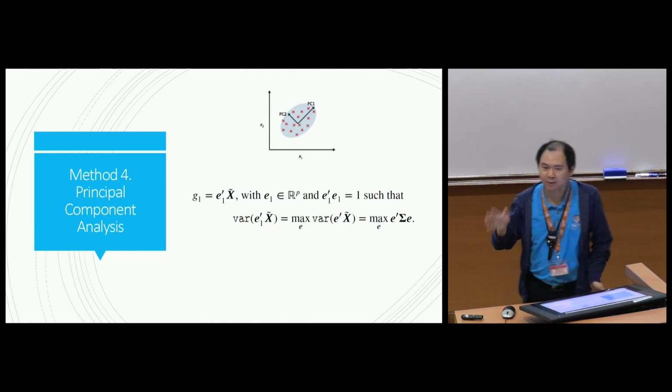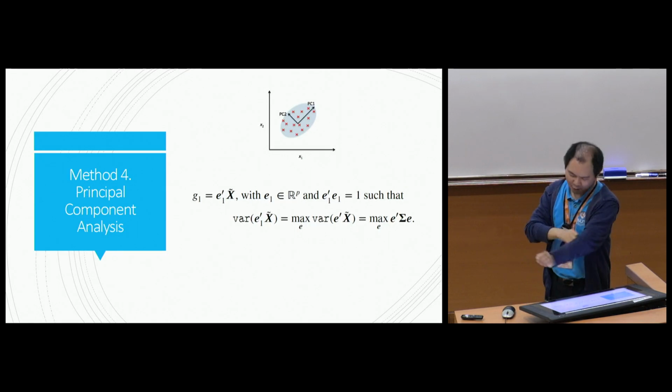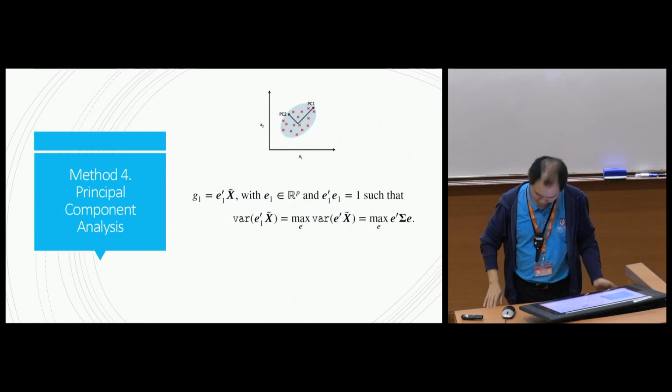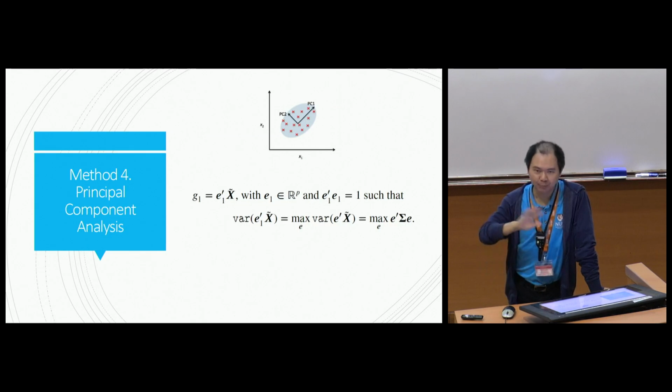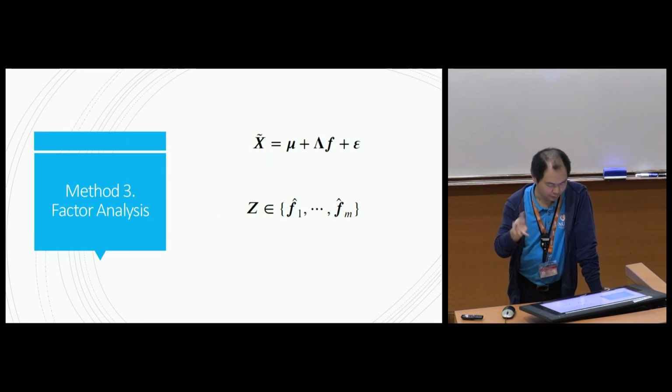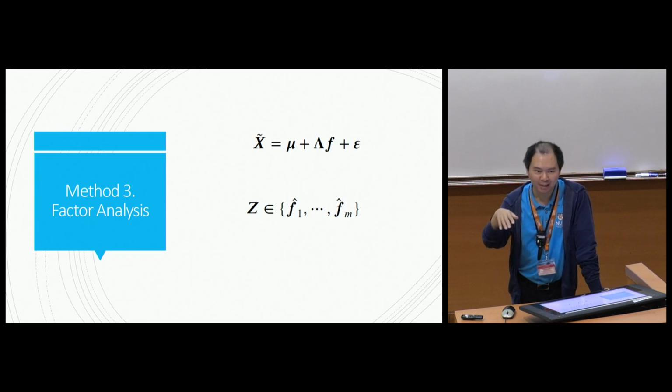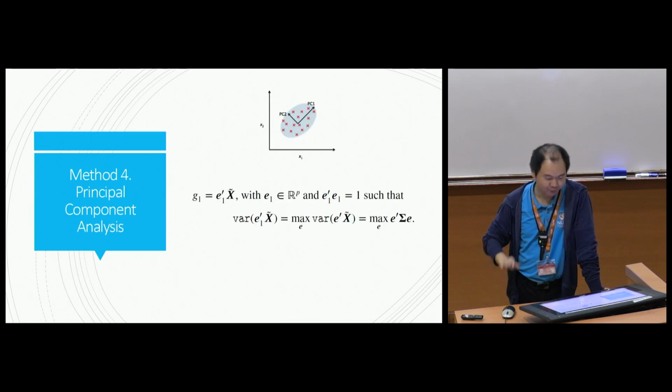Comparing method 3 and method 4, the strength of method 4 is that it can be extended to high dimension. For method 3, it's a traditional factor analysis, which can only be used for n bigger than p. But principal component analysis can be applied to high dimensional data, even if n is smaller than p.